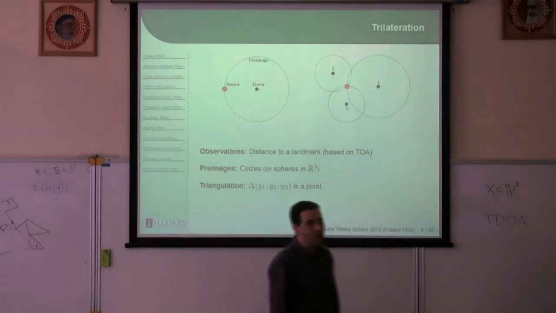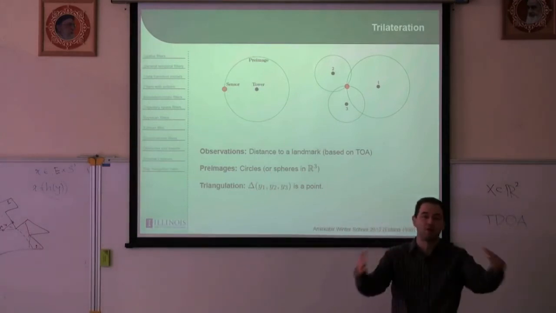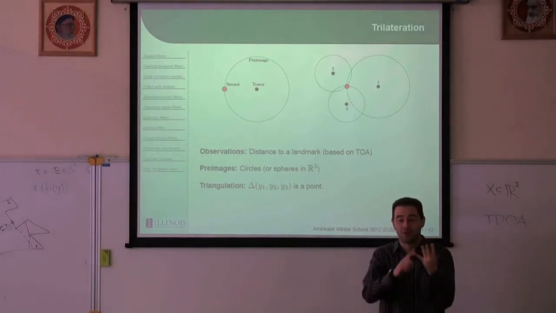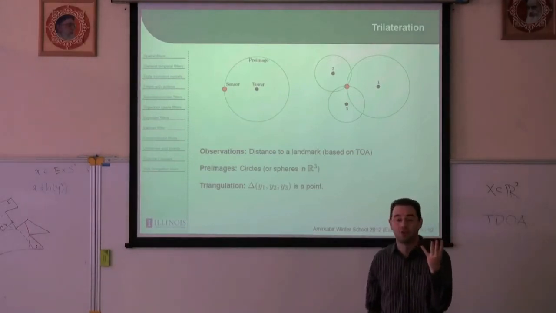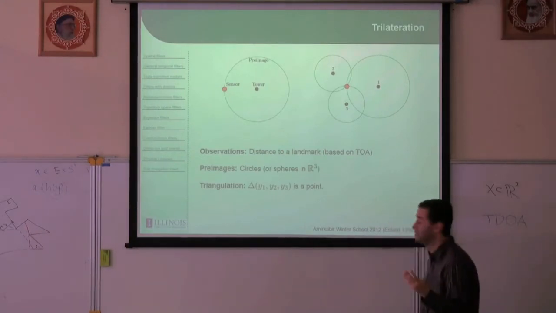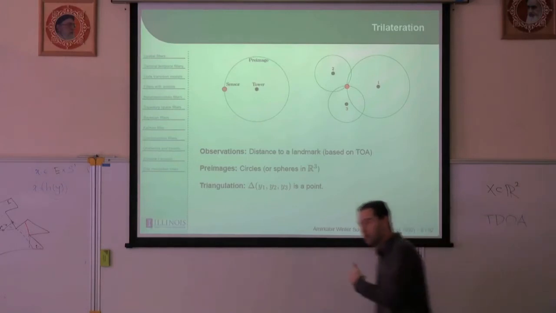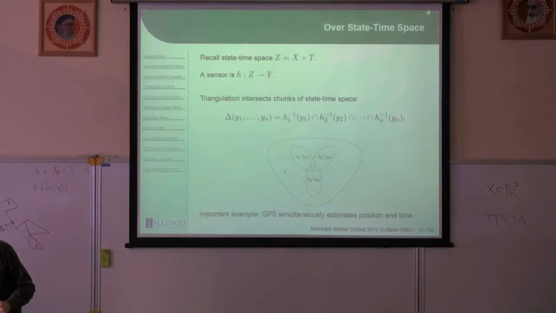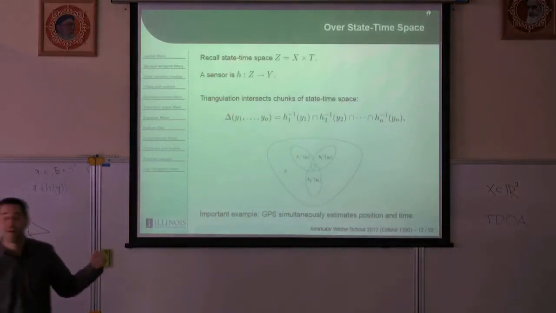But I'm told that all of the GPS units assume that you're on the Earth, and so that's 1 more sphere. So it seems like you would only need 3 again, but the 4th satellite, or 4th observation, is being used for time estimation simultaneously with everything else. So that whole method corresponds to intersection of pre-images over state time space.